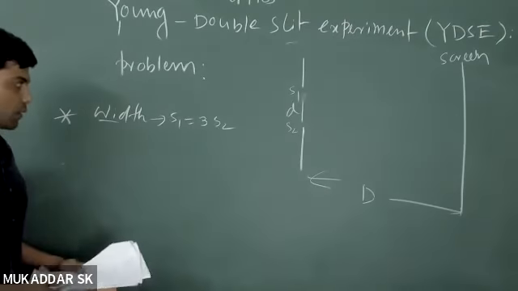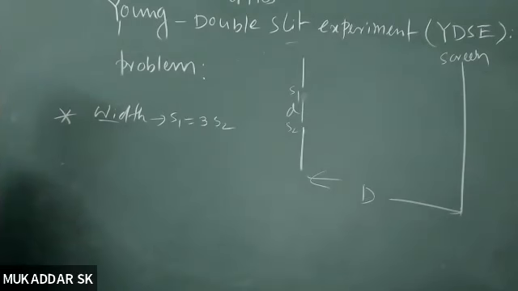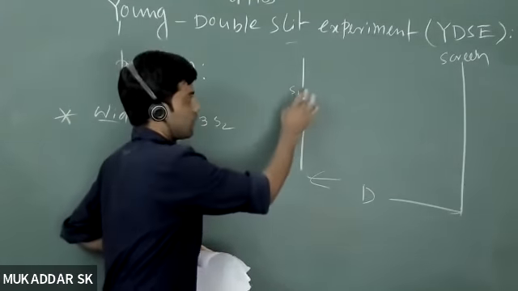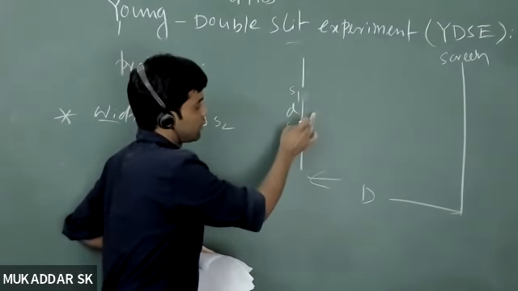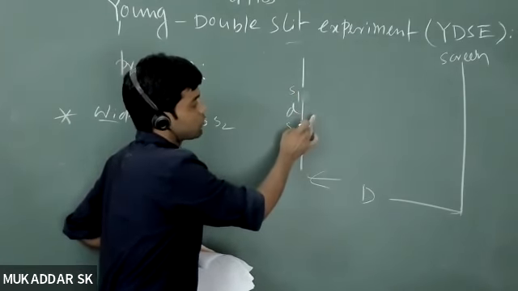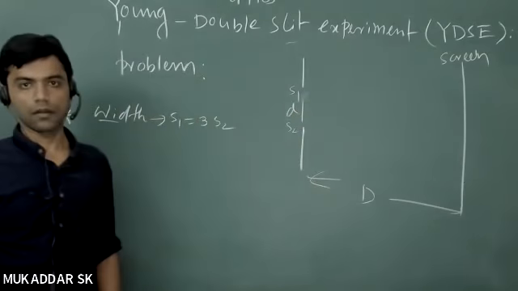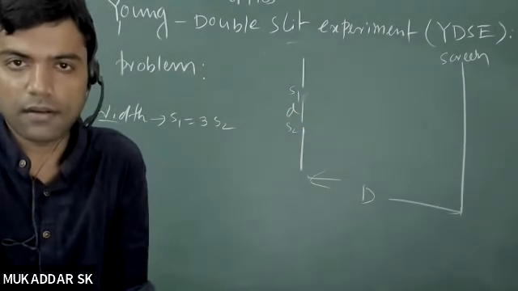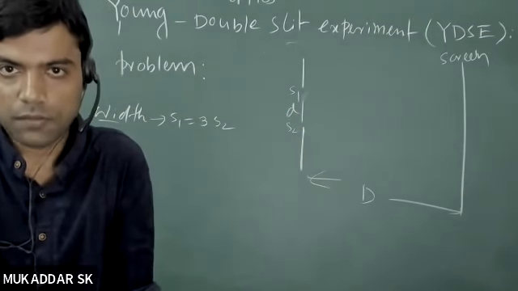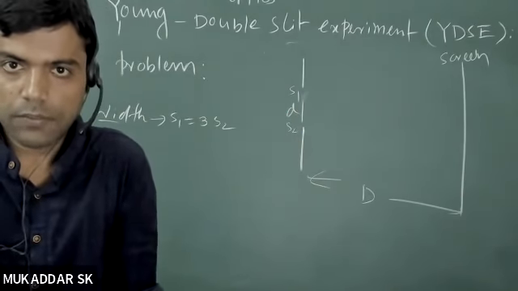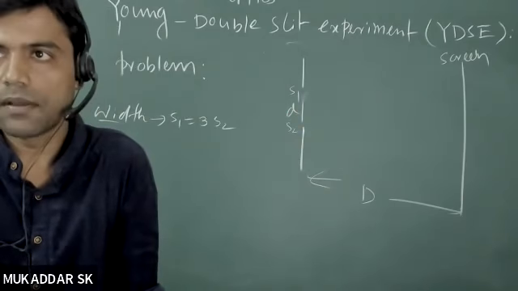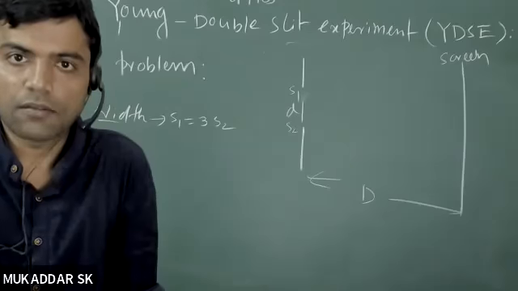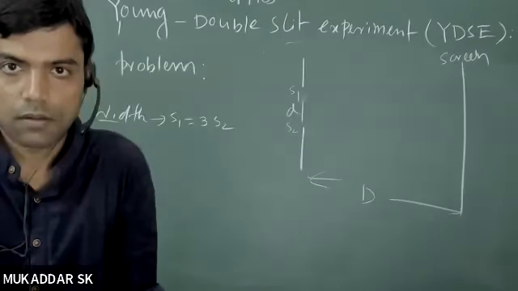Also they told you the amplitude of the ray coming through a slit is proportional to slit width. So two things are given. One is the width of slit one, that is thrice the width of slit 2, and also they mentioned that the amplitude of the ray coming through a slit is proportional to slit width.